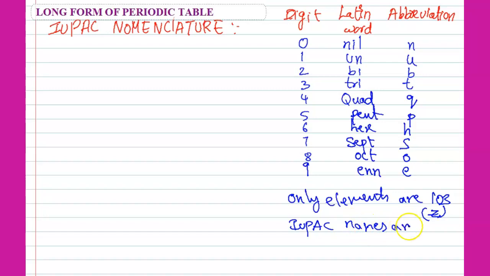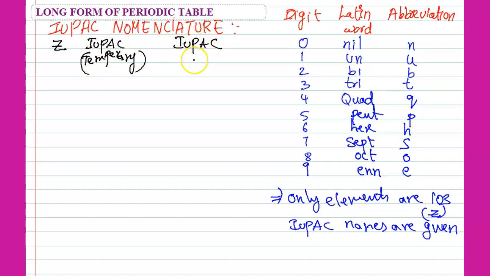So with atomic number Z, this is the IUPAC temporary name, because at the time the elements are unknown, it is temporary. And next, the IUPAC approved name.